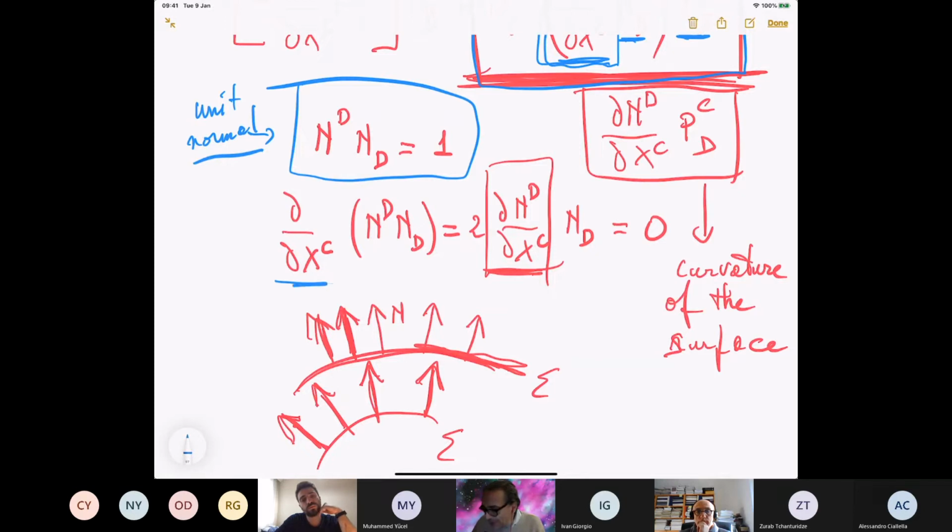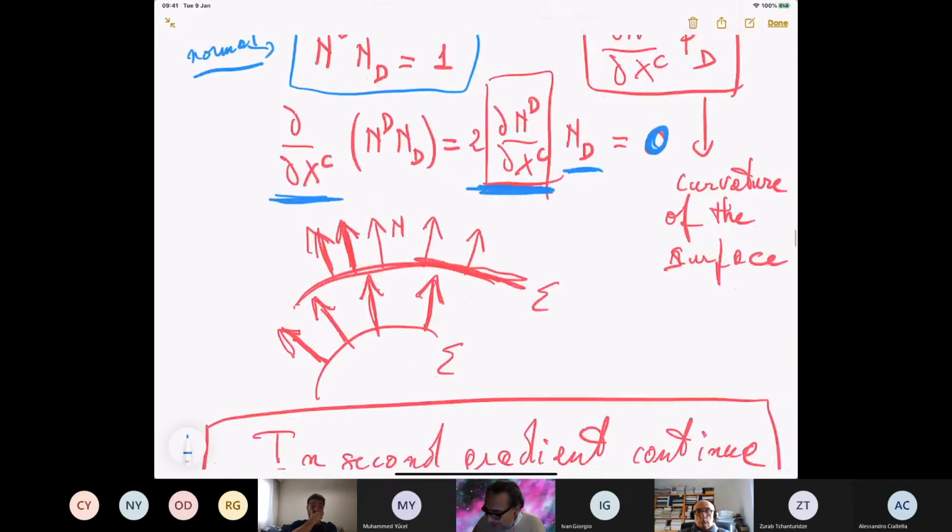You calculate the derivative with respect to x_c of this quantity. It is 0. So what you get? You get that the gradient of the normal is orthogonal to the normal. The gradient of the normal, if you make this drawing, is very easy.